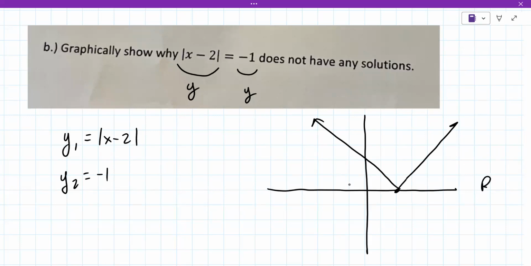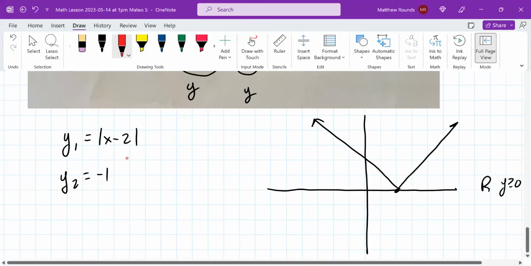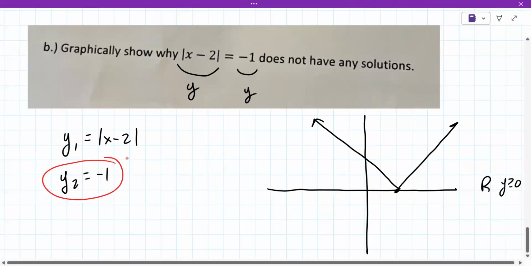Oh, and by the way, what's the range of this absolute value? Might as well throw that in. y is greater than or equal to 0. Yes, very good. Now the next one, the line y2 equals -1. What kind of line is that, or what name could you give to that line?